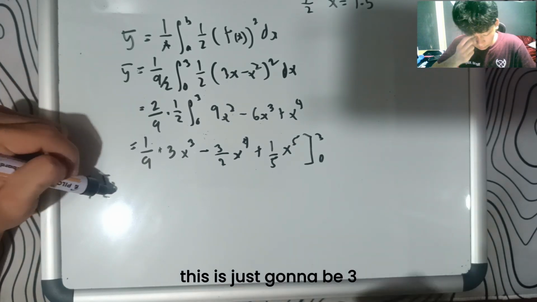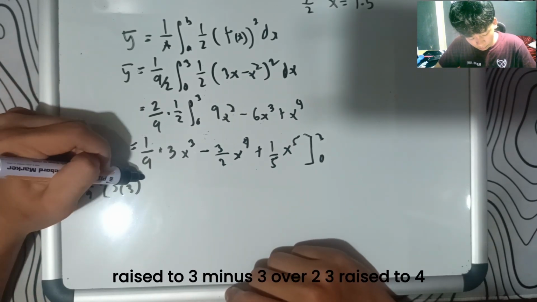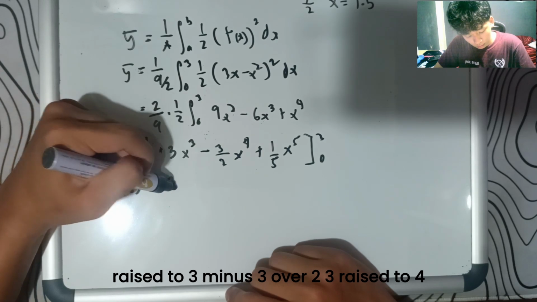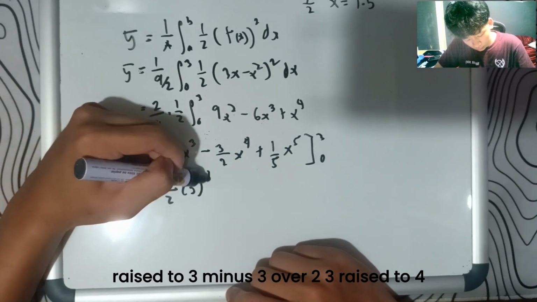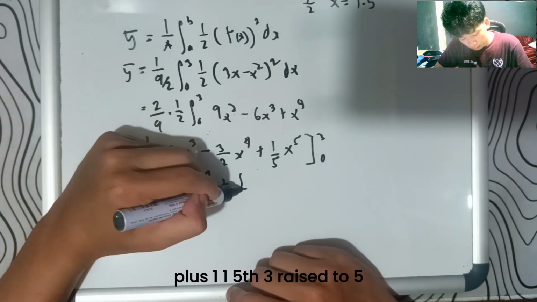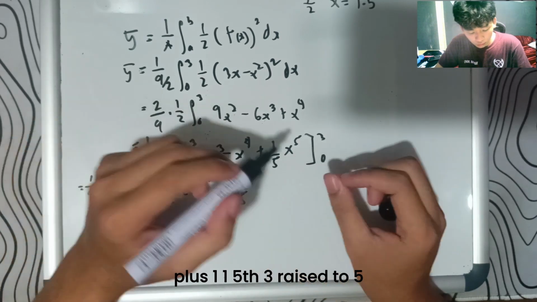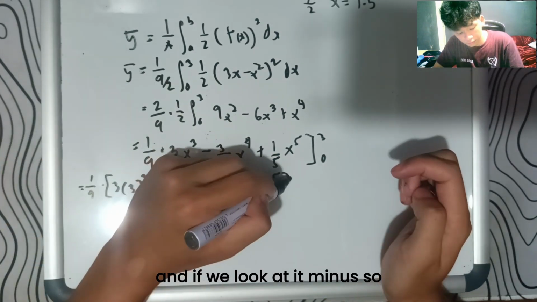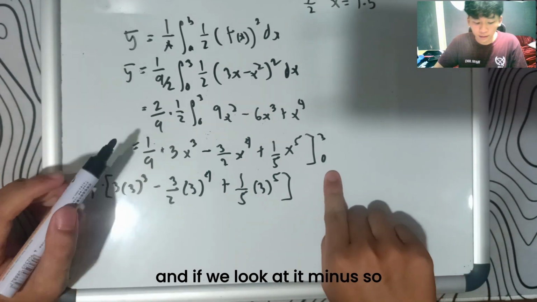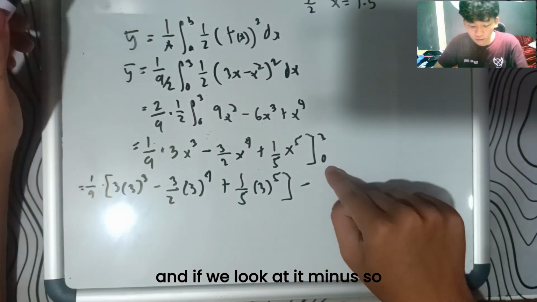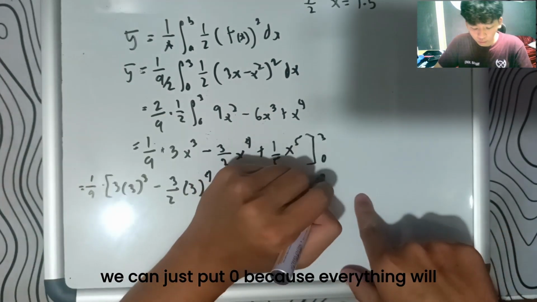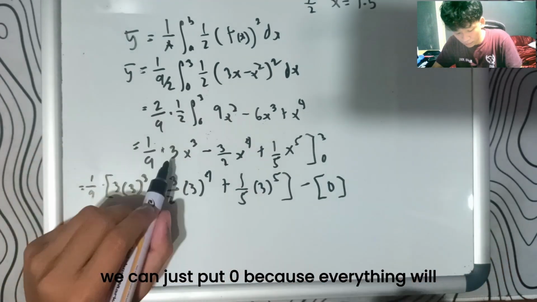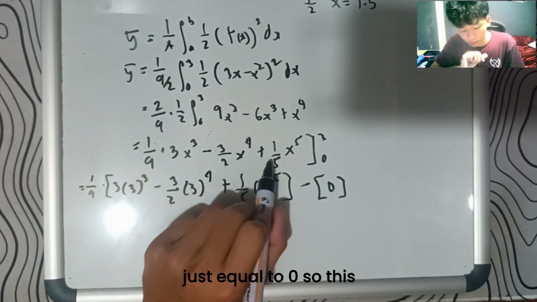So, this is just going to be 3 raised to 3 minus 3 over 2, 3 raised to 4 plus 1/5, 3 raised to 5. And if we look at it, minus, we can just put 0 because everything will just equal 0.